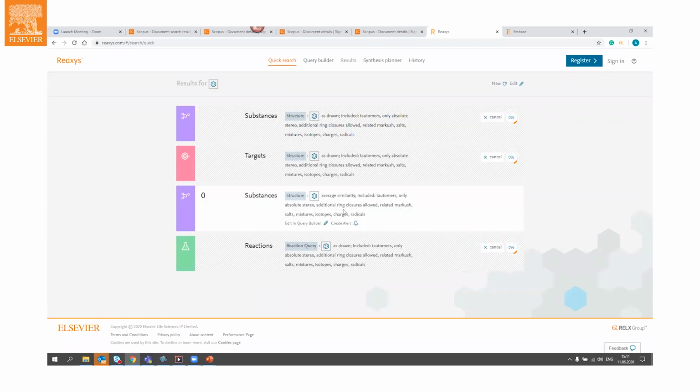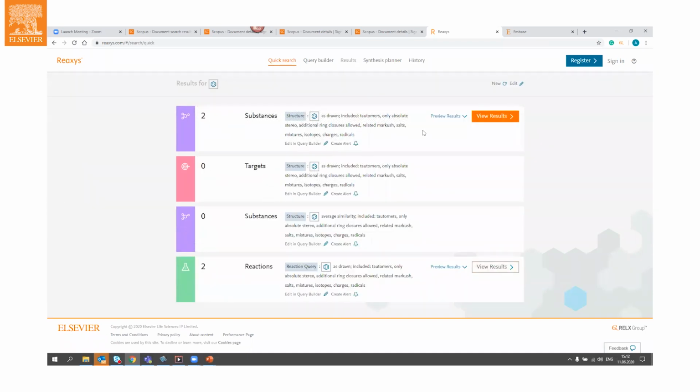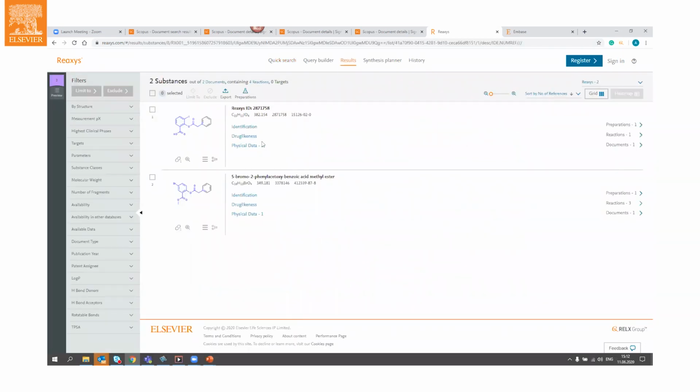Let's do the search. The search query was not extremely smart, that's why we got only a few compounds. So we see exactly what we're looking for. We get a halogen there, and we get something connected there and something connected there.